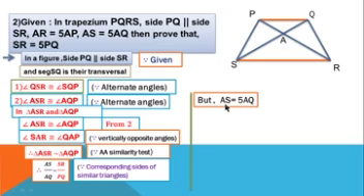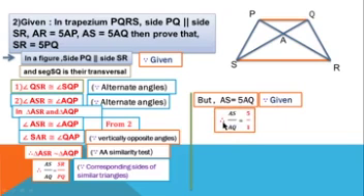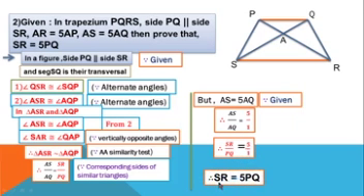But AS is equal to 5 times AQ, that is given. Therefore AS divided by AQ is equal to 5 divided by 1. Comparing this statement with this statement, SR divided by PQ is equal to 5 divided by 1. Therefore SR is equal to 5 times PQ.